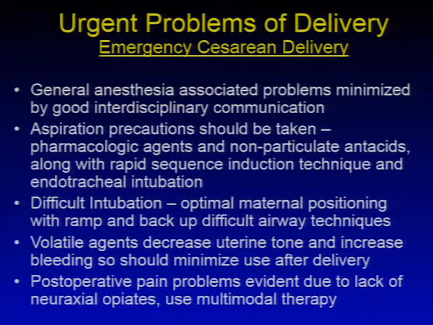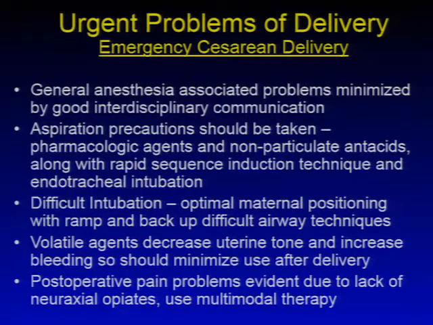A rapid sequence induction technique should be utilized, and these women should be intubated. To avoid difficult intubation, optimal maternal positioning with a ramp and backup difficult airway techniques should be utilized. With general anesthesia, one must remember that volatile agents do decrease uterine tone and increase bleeding, so one should minimize their use after delivery and provide the mother with analgesia by narcotics.